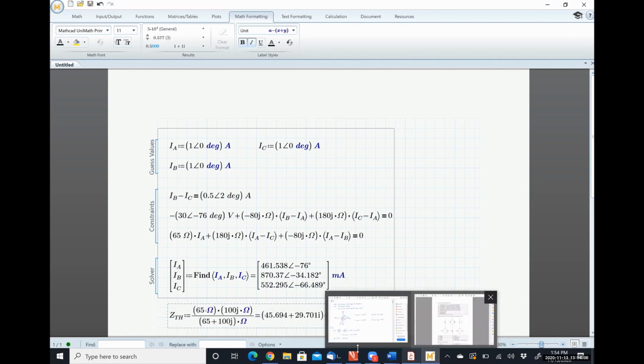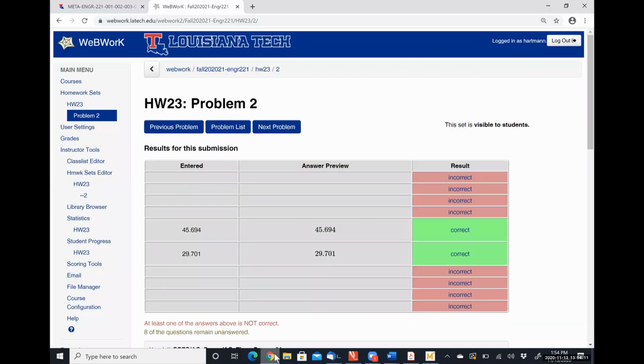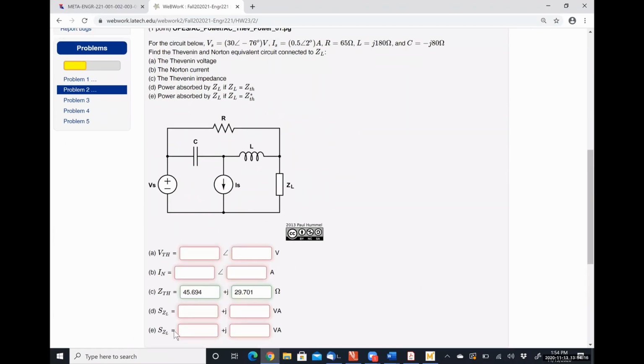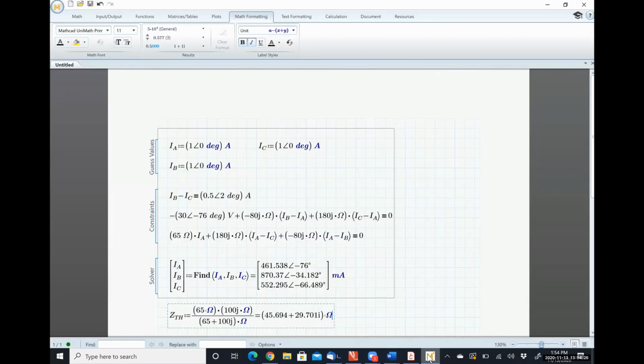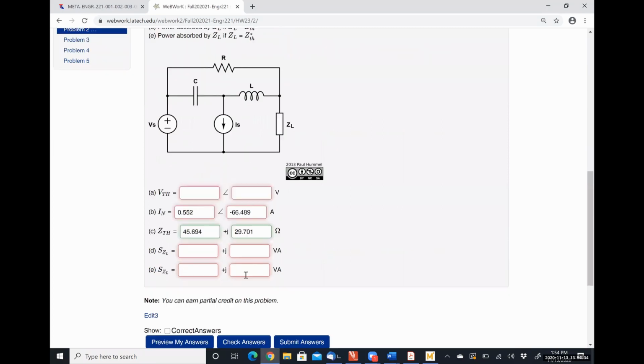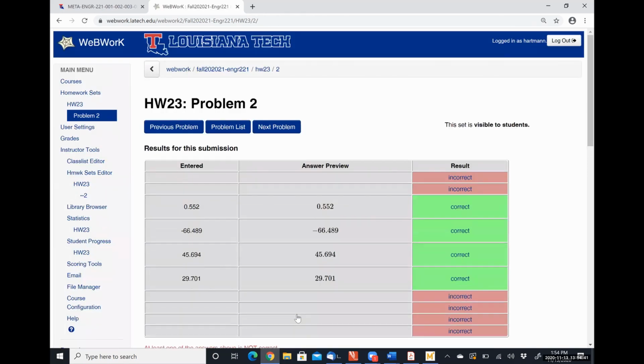All right. 552.295 milliamps, where is WebWork? It wants it in amps, so that's 0.552 angle negative 66.489. Good dang. Cooking with gas today.